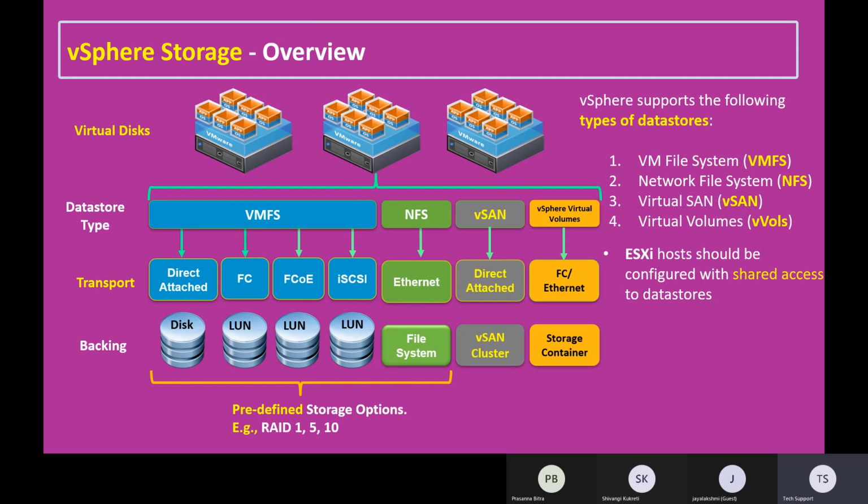So in this scenario, the best option is a software defined storage, which is virtual SAN. Using virtual SAN, we have multiple storage policy options. The default vSAN storage policy is RAID 1, and you can also customize and create multiple storage policies, which are RAID 5 and RAID 10.